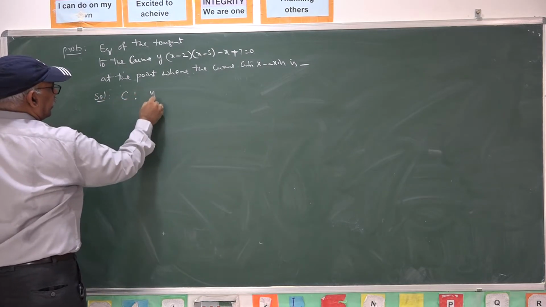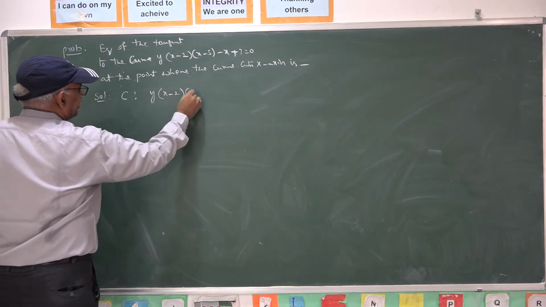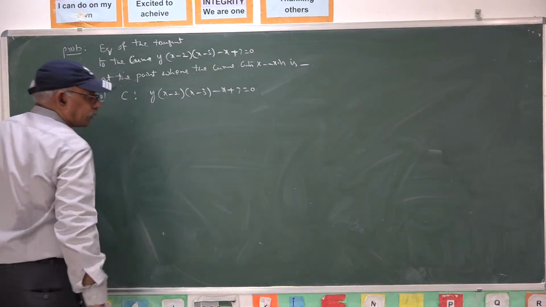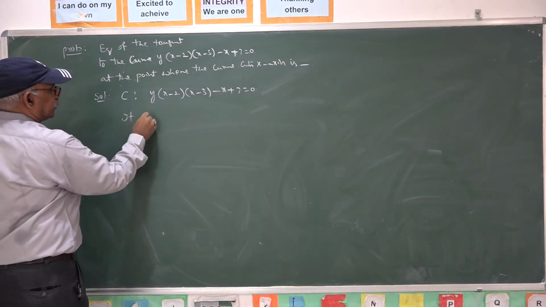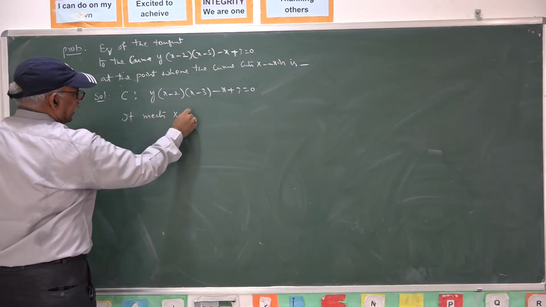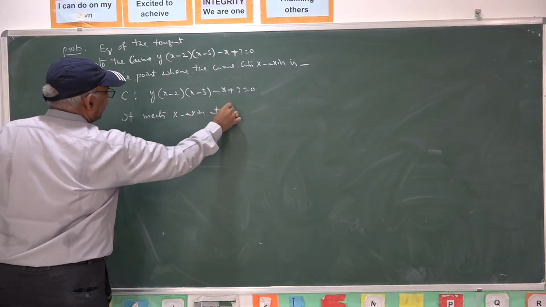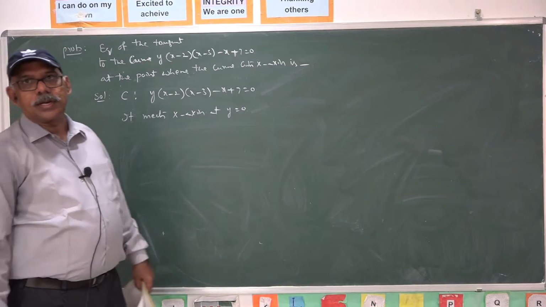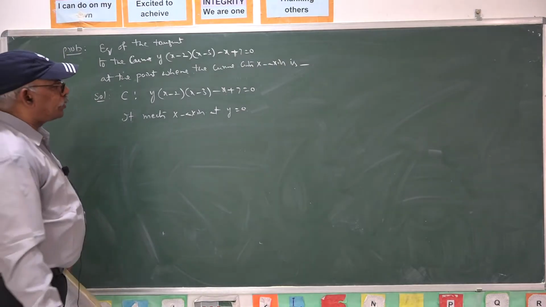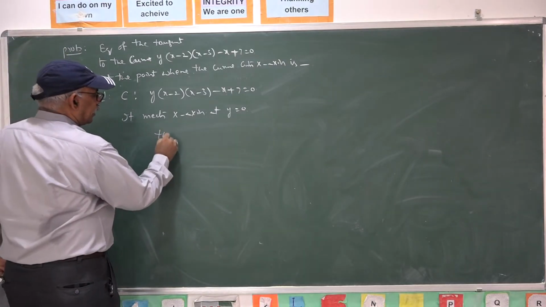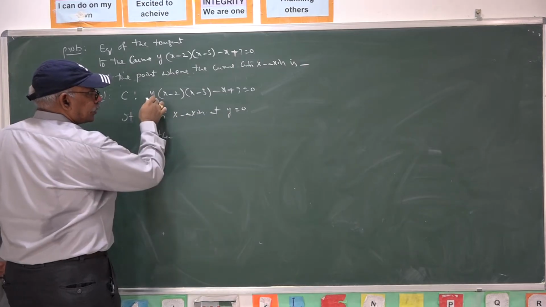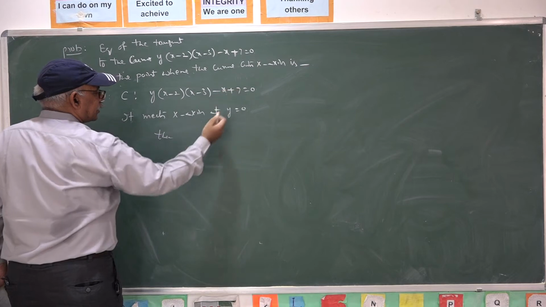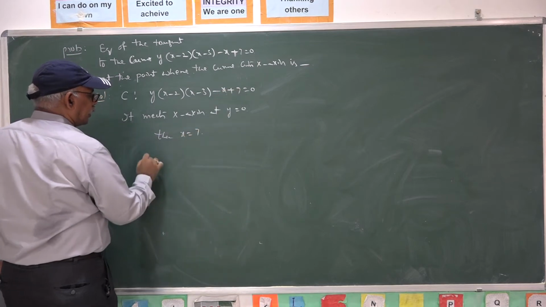Here the curve is y(x minus 2)(x minus 3) minus x plus 7 equal to 0. It meets the x-axis at y equal to 0. On the x-axis the y coordinate is 0, hence I am taking y equal to 0. Then taking y equal to 0 in this equation, this term vanishes, so x takes the value 7.